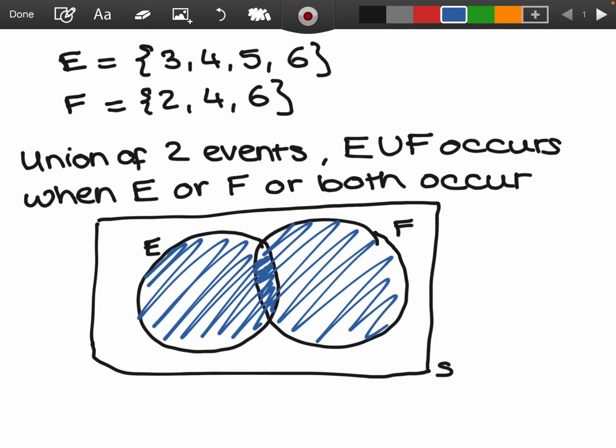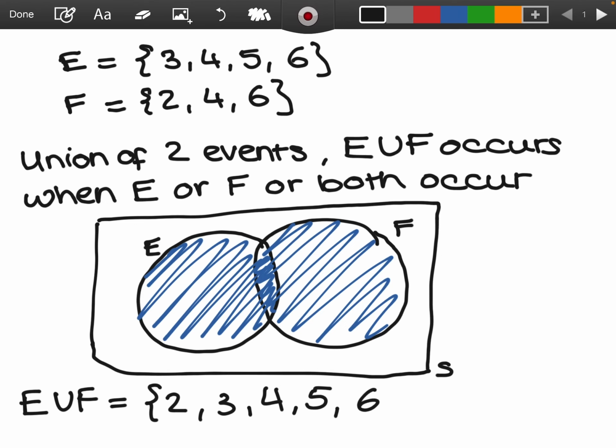In our case here, let's look at what would actually be in that particular event, E union F. So that would be 2, 3, 4, 5 and 6. 2, 3 and 5 land in one of them, 4 and 6 land in both. Okay.